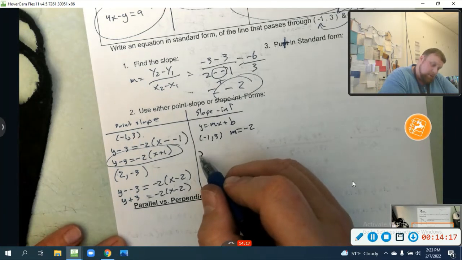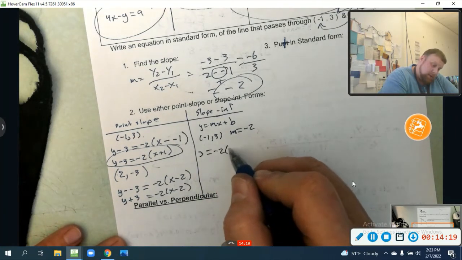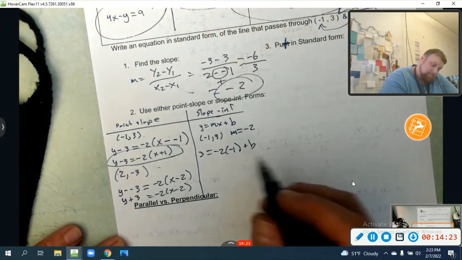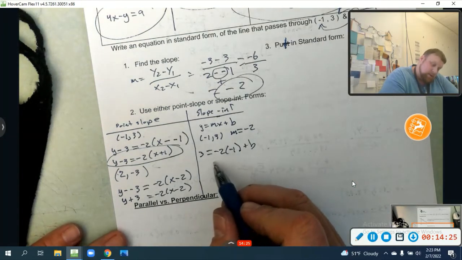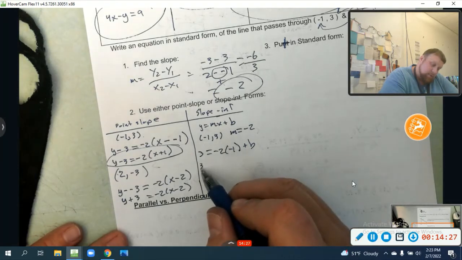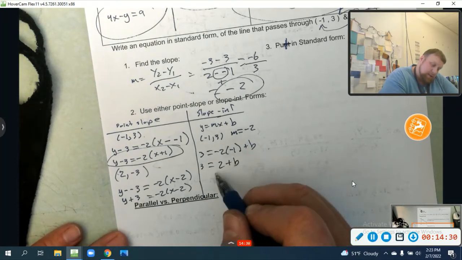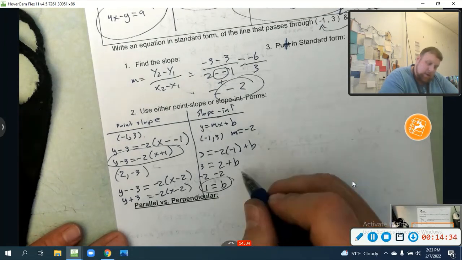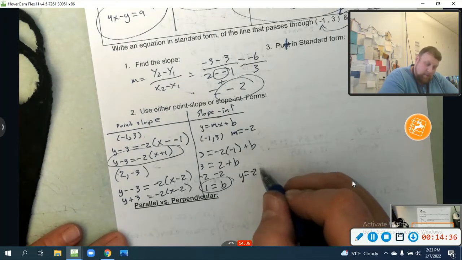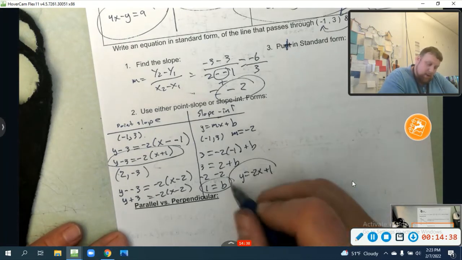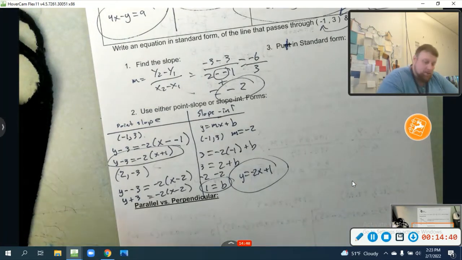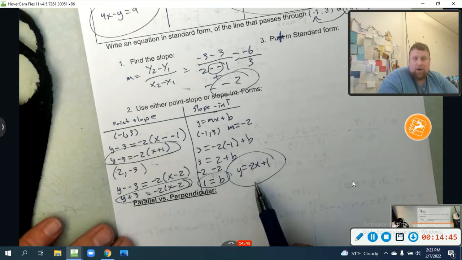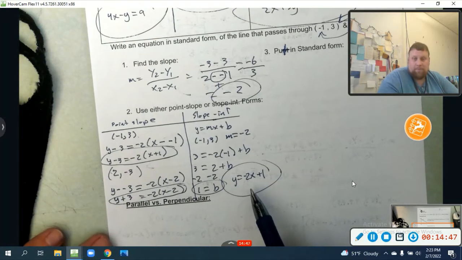I'm going to have 3 equals negative 2 times negative 1 plus b. So in this case, 3 equals positive 2 plus b, subtract 2 over, and I get that 1 equals b. So now I know y equals negative 2x plus 1. All right, so we have our 2 different point slope forms and our slope intercept form.